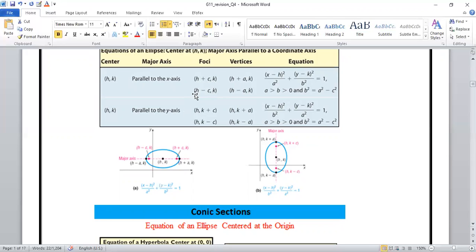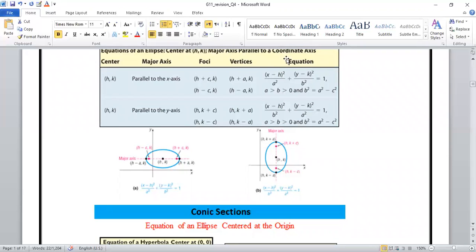And we have two foci, h minus c comma k, and the vertices: the distance from the center to the vertex equals a, so the vertices are at h plus a and h minus a, and k.